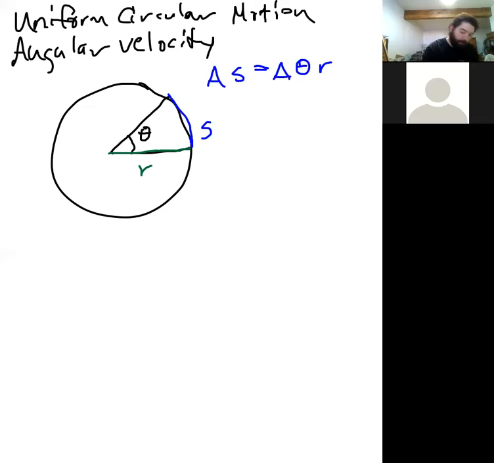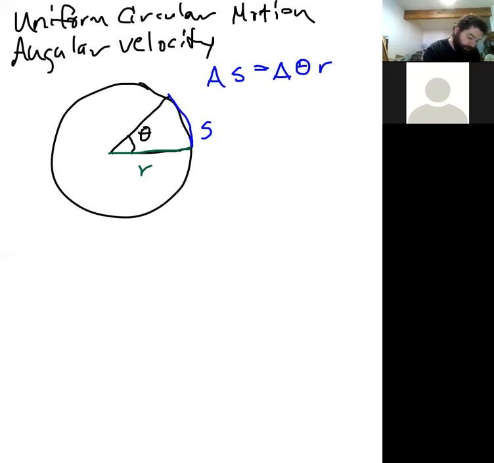That basically means how many revolutions, or how fast it's going around the circle. The way we define that is how fast theta moves per second, so it's going to be independent of the radius, essentially.